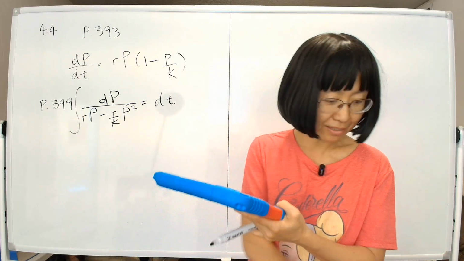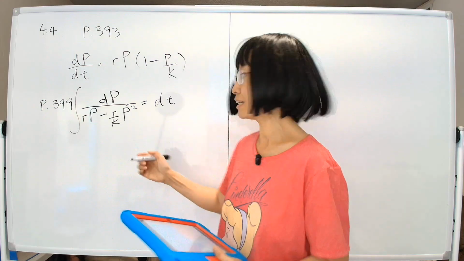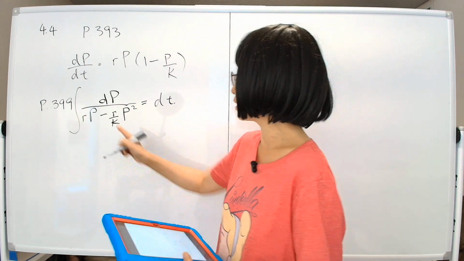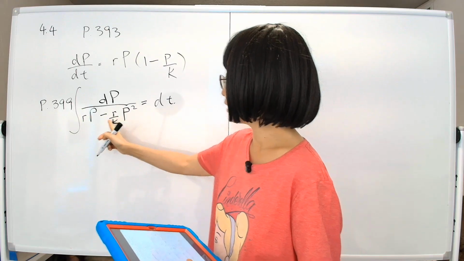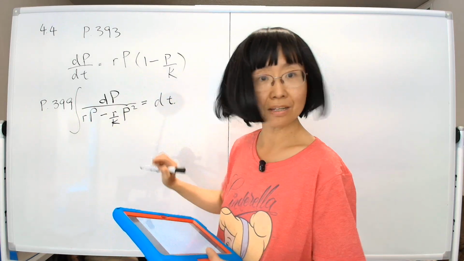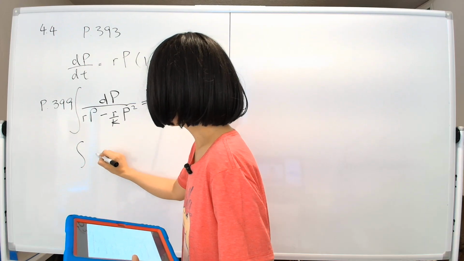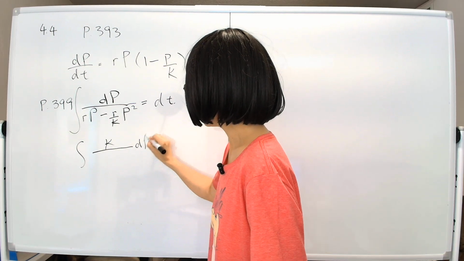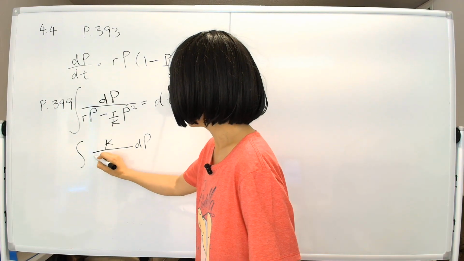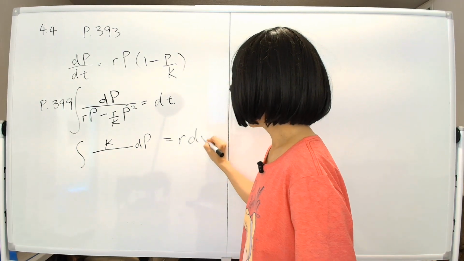How are we going to break this fraction? First, we clean it up a little so we can see it better. There's an r down here, so we'll move r to the other side. There's a K on the bottom, so we'll flip it back on top. So our integral becomes K dP, and the r is gone because we put it on this side, r dt.